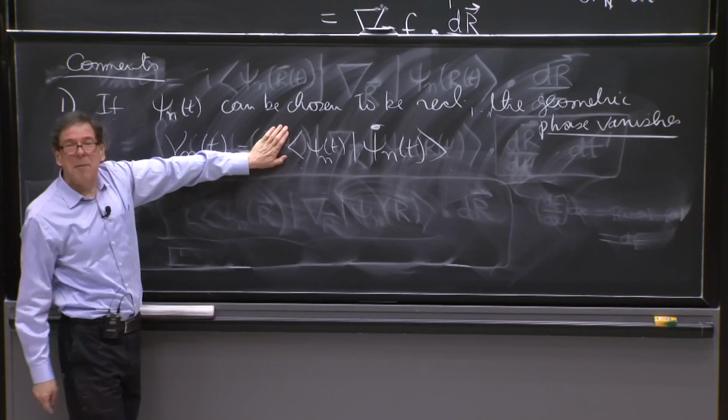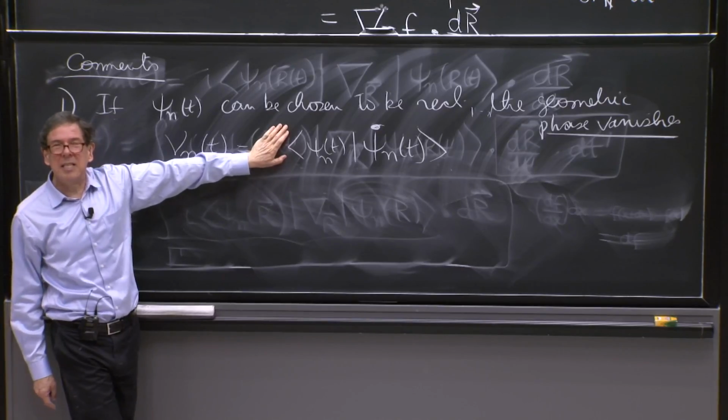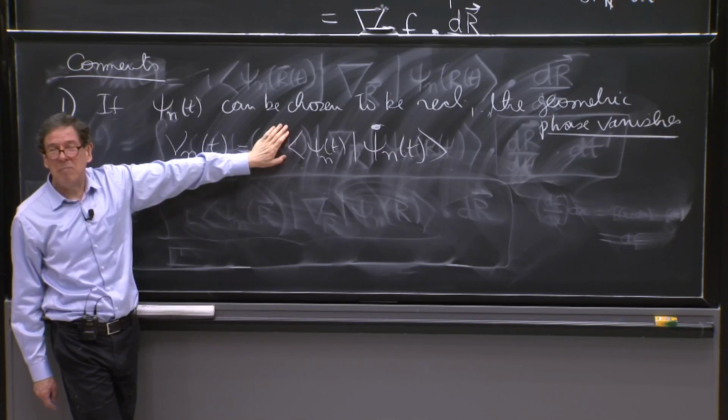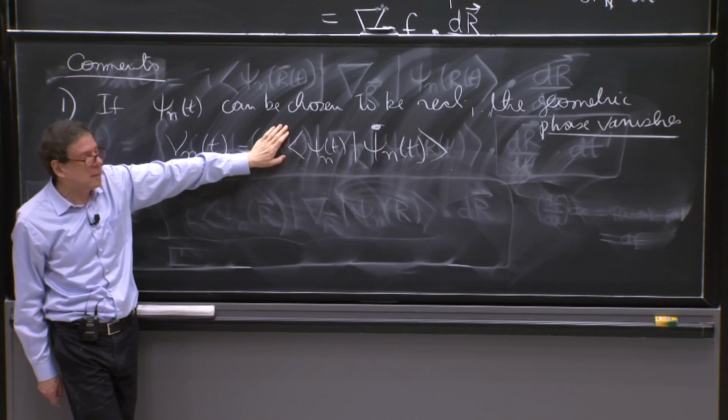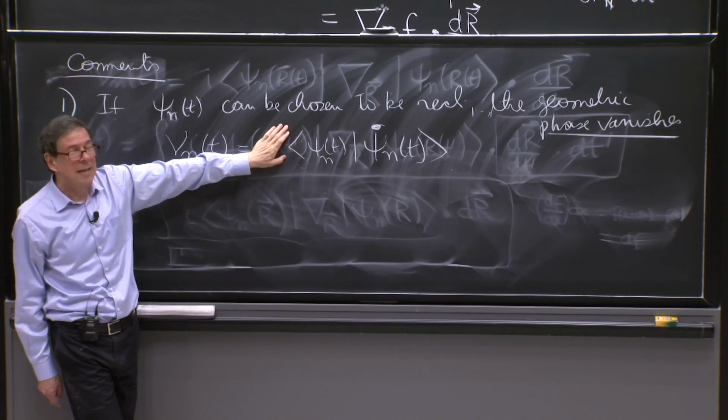But if this is imaginary, how could it be imaginary if ψ is real? It can't be. If ψ is real, imagine doing that integral. It cannot be imaginary. So it has to be 0 if ψ is real.